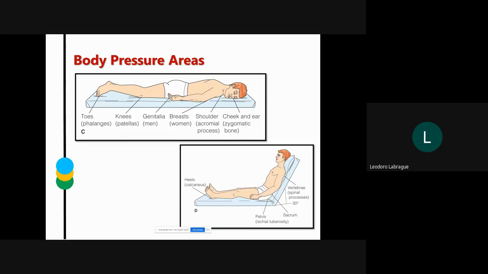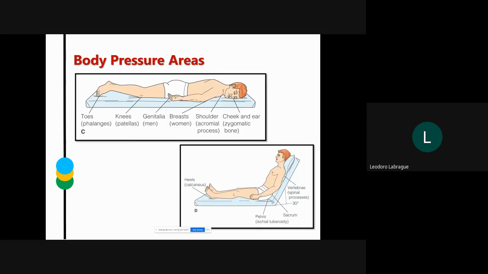If the patient is in Fowler's position, you have the heels, the pelvis, the sacrum, and the vertebrae. Again, part of your nursing responsibility is to inspect, palpate, and check for those pressure points for any potential beginning of a pressure ulcer.